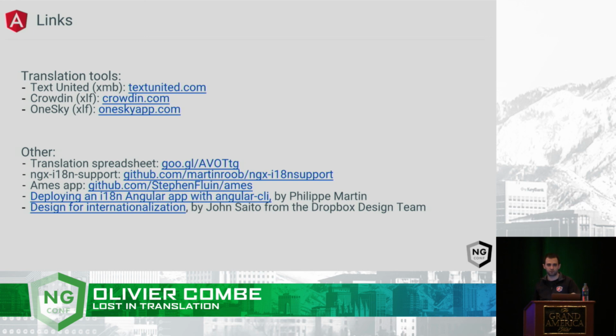It's in this article that you will find the configuration for Apache. And design for internationalization from the Dropbox design team. It gives you some nice things that you have to be careful about when you create an application. For example, if you want to take right to left into account, if your design should take the length of the text into account, and a lot of other things that you might not know when you code your first international application.